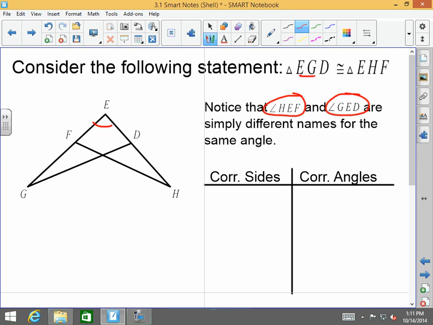EG is congruent to EH. Not because I say so, but because that's the first two letters. So EG is congruent to EH. Okay? GD is congruent to HF.